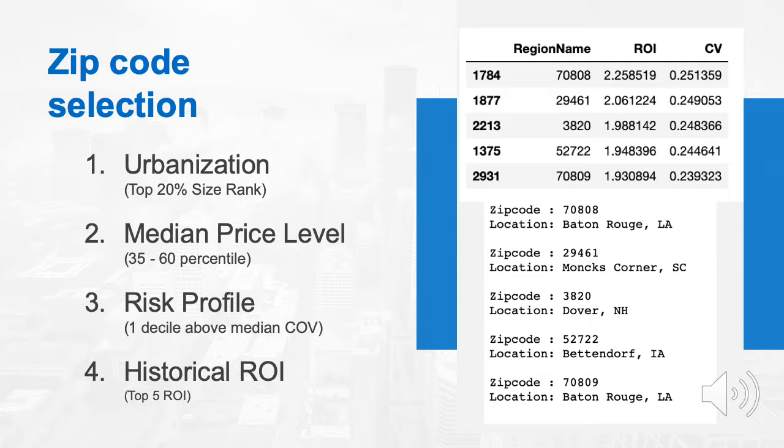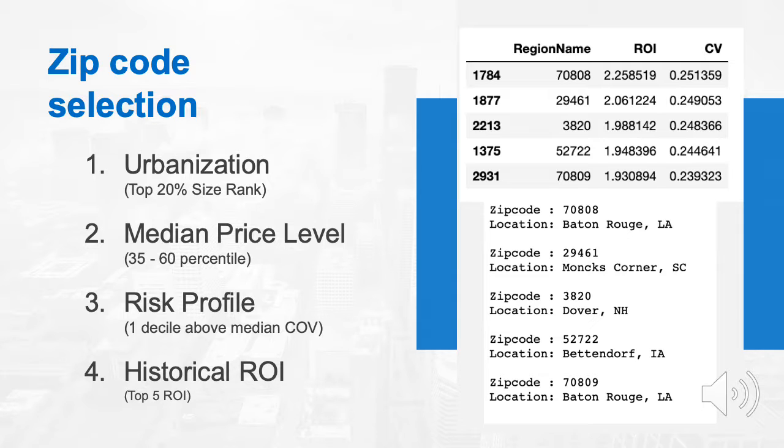Then I took into account the company's risk profile, and since you have a very conservative portfolio, very risk averse, all properties were filtered according to the coefficient of variation, with 1 decile above the median.